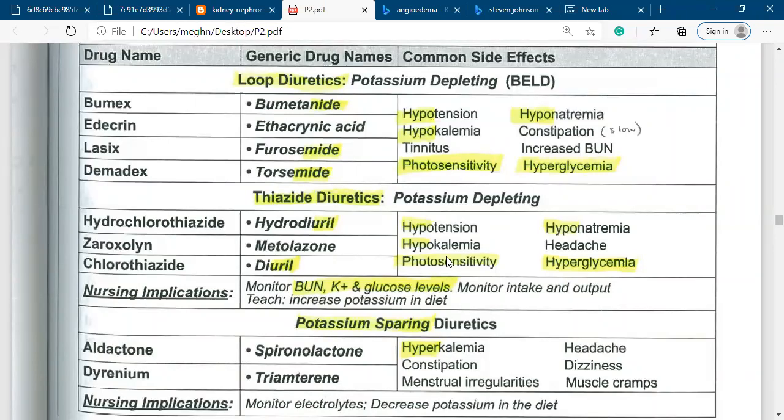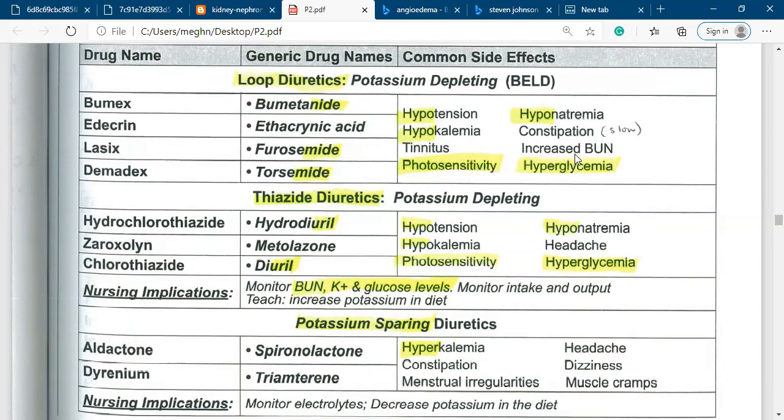Now it is important, you have to know, you should educate your patient. If they are diabetic and have to take an anti-diabetic agent, and at the same time have to take loop diuretics or thiazide diuretics, they have to adjust the anti-diabetic, insulin or metformin, because both of these drugs can cause hyperglycemia.